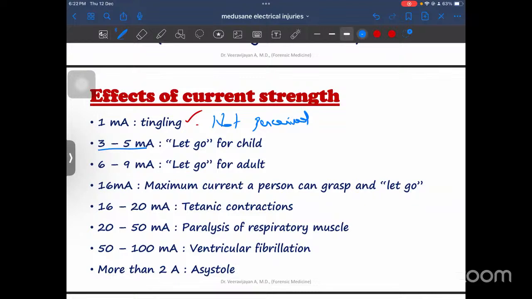This let go effect means after touching the current, we can voluntarily release the wire. That is let go effect. 3 to 5 for children, 6 to 9 for adults. 16 milliampere is the maximum current a person can grasp and let go.